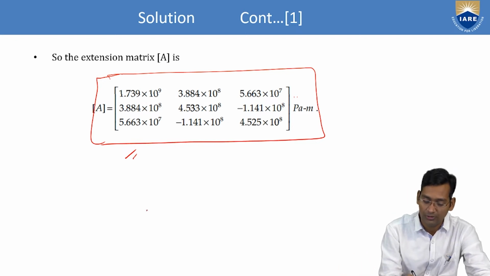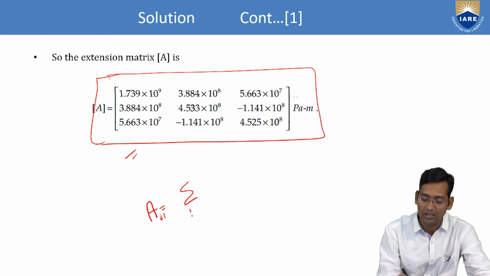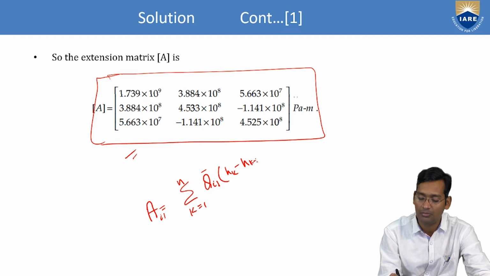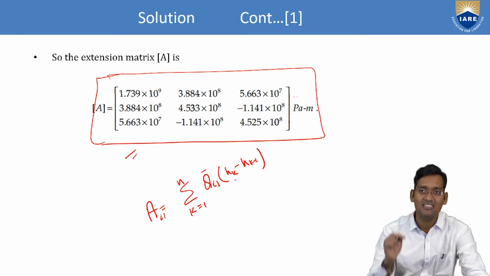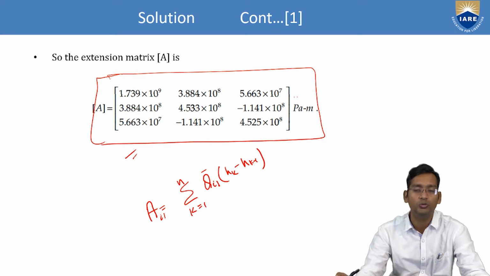So just see first again, for finding A, A of Ij, that A matrix, what is required? Sigma K equals 1 to n of Q of Ij into Hk minus Hk minus 1. That H is the height from the center to that particular ply, how much height is there?